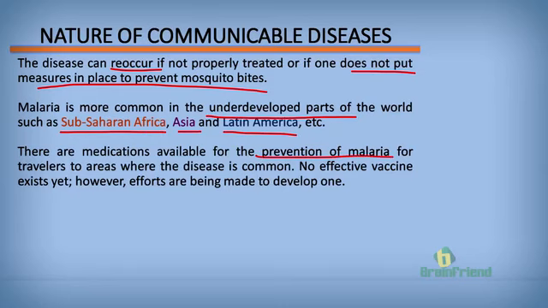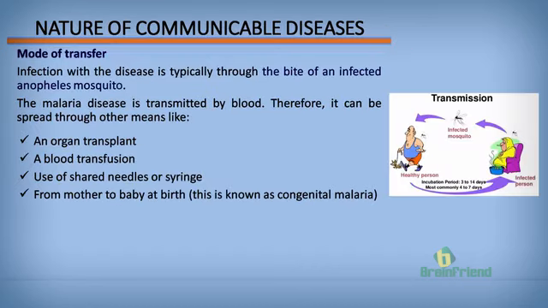For travelers to areas where the disease is common, especially people traveling from the more developed parts of the world where malaria has been eradicated, to maybe places like Africa and Asia, there are preventive measures that are given to these travelers so that they do not catch the disease. But so far, no effective vaccine exists yet against malaria disease. However, efforts are still being made to develop a vaccine.